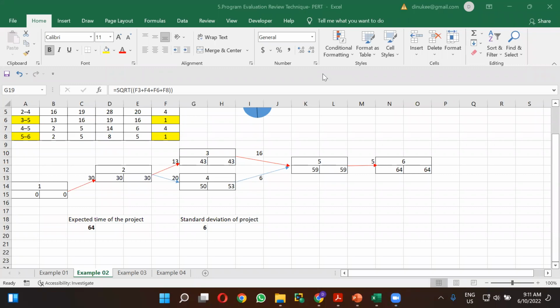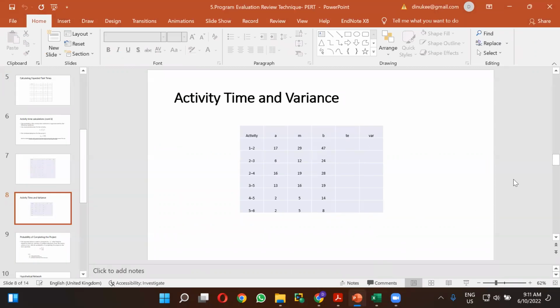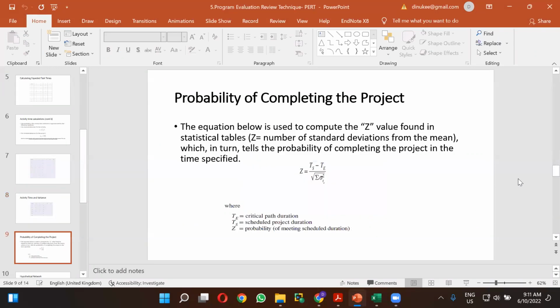For the next one, I want you to calculate the probability of completing the project. This slide we have now completed. The equation below is used to compute the Z value found in the statistical table.